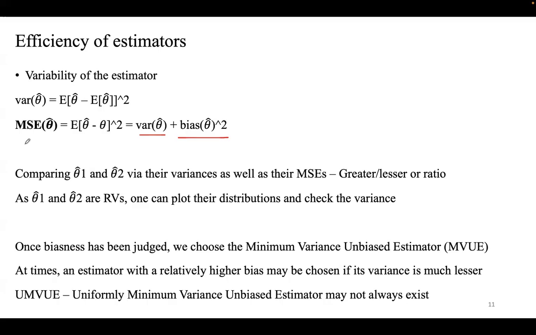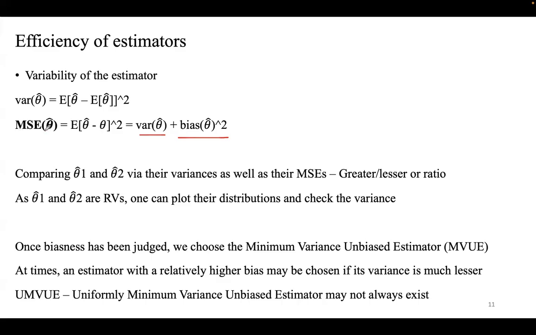Ideally what we would want is a very low bias and a very low variance also. In the ideal case, it should be 0, 0, but that does not happen. There would be a finite value of the variance of theta hat, and both variance and bias square are going to have some finite values.